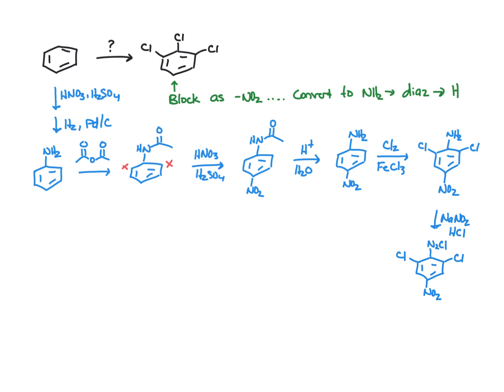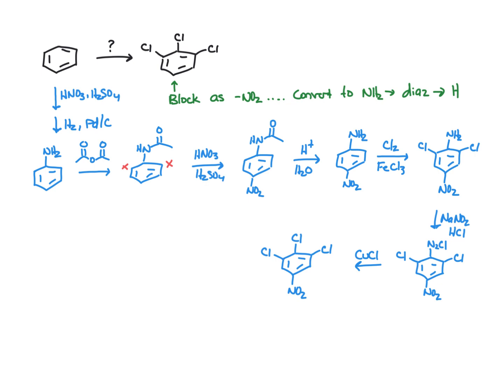And then we want that ultimately to be a chlorine. So the diazonium chemistry we would use for that is copper chloride. When we add copper chloride, here's what we end up with. So we have everything we want there.